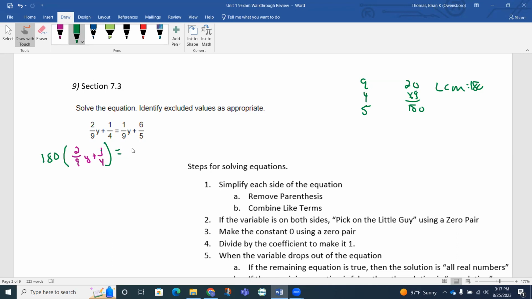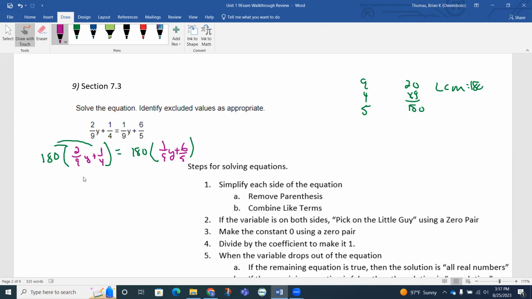I'm going to multiply the other side also by 180, so it's 1/9 y plus 6/5. The 180 goes through the parentheses.